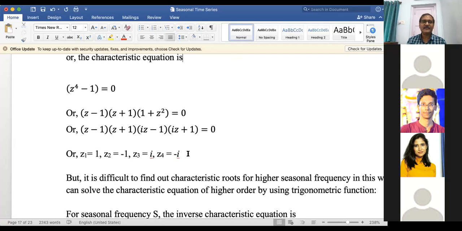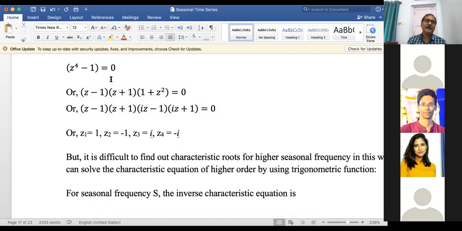For that reason, we have to follow an alternative way to solve this kind of equation. This is the direct solution by applying the simple algebra method of factorization. But if we have a higher order equation, more than 4, it would be difficult to find the characteristic roots by factorizing the polynomial like this.